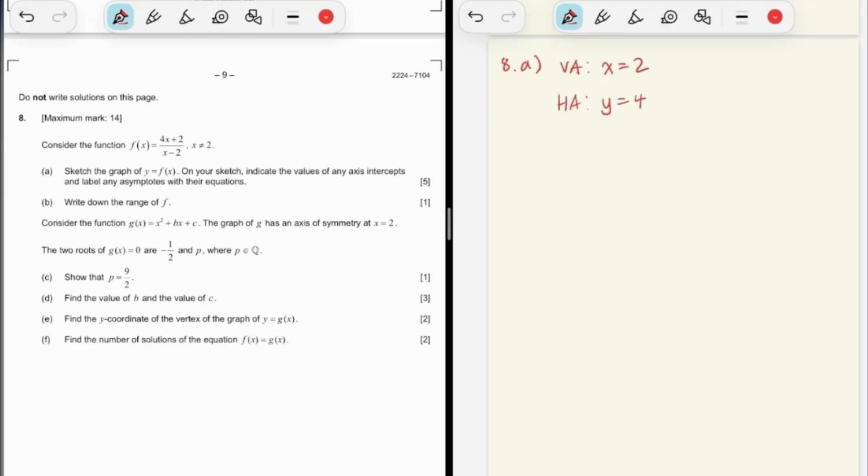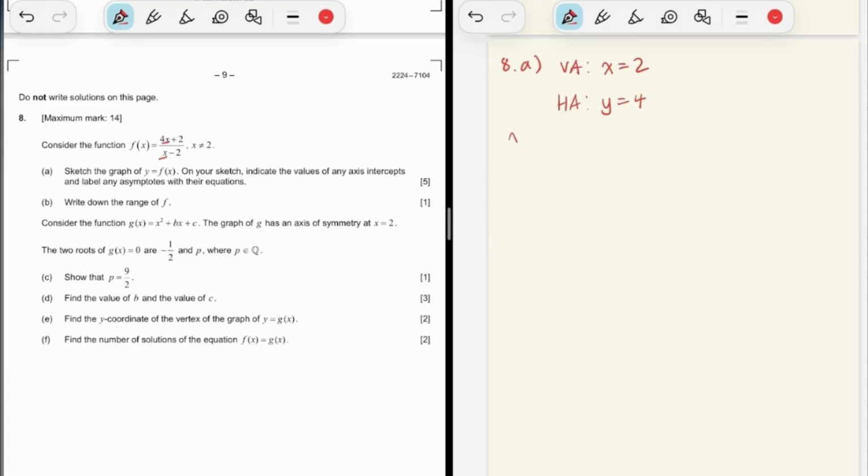And this is because when the degree of the numerator and the denominator are the same, the horizontal asymptote's value would simply be the coefficient of the numerator over the coefficient of the denominator. And so 4 over 1 is equal to 4.